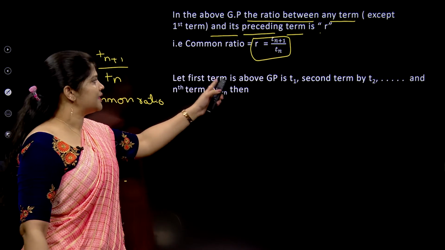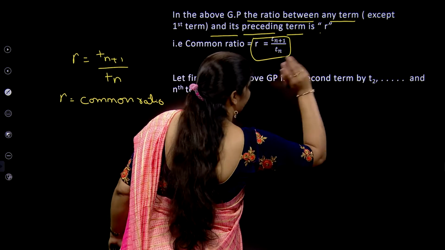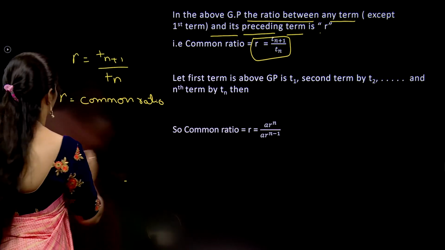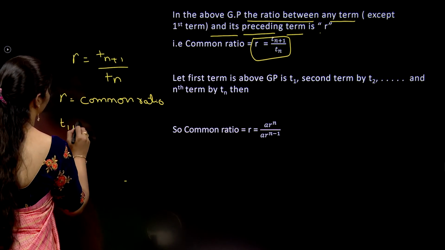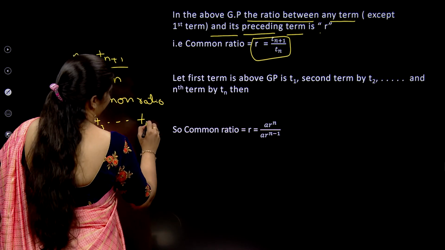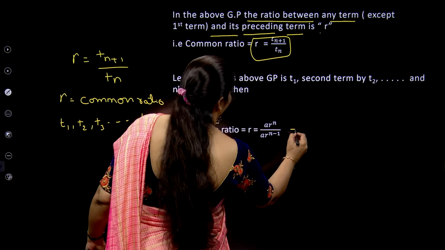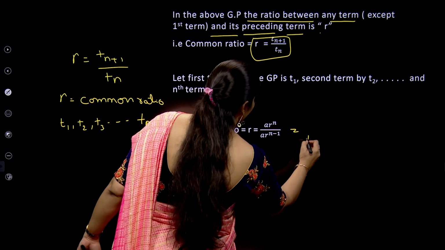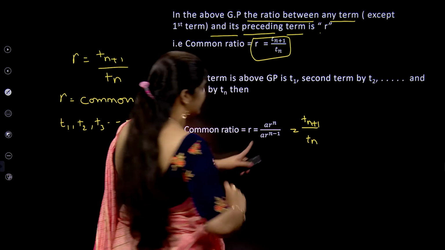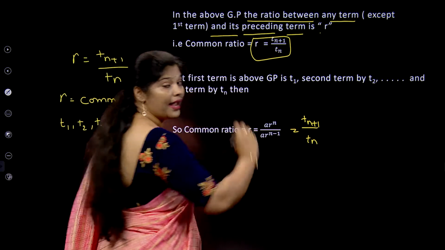Next, let the first term of the above GP be T1, the second term T2 and the nth term Tn. Then the sequence is T1, T2, T3 and so on up to Tn. Then the common ratio equals Tn plus 1 by Tn. Tn is AR power n minus 1, and Tn plus 1 is AR power n.